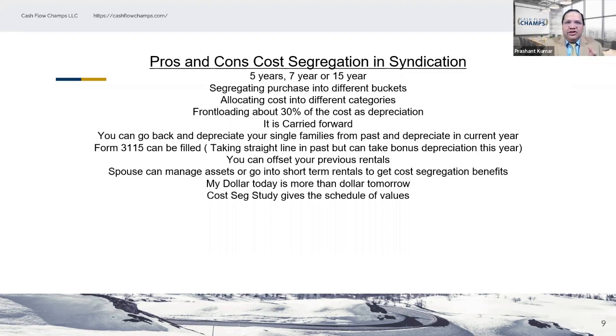You don't have to go back and update the tax returns for previous years. You can have straight line in previous years, and in the current year you can just do the bonus depreciation. The study is cheaper, and you get the benefit of bonus depreciation in single family. So you can offset your previous rentals basically.